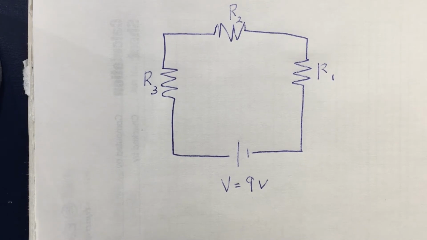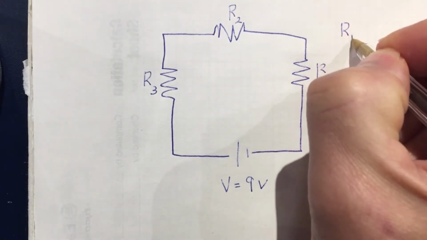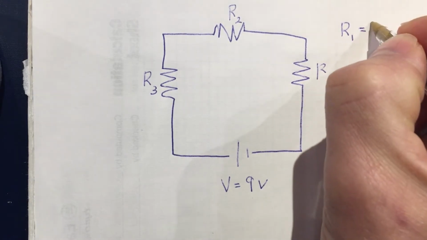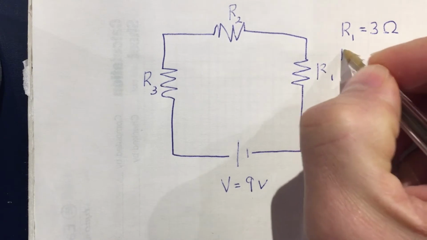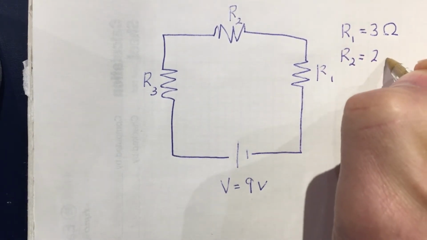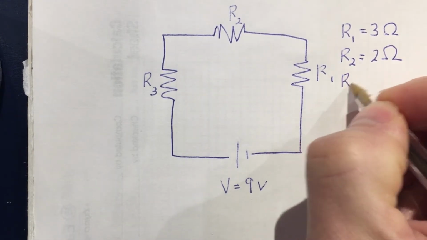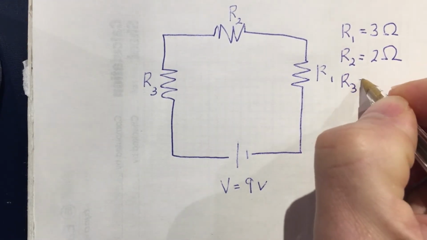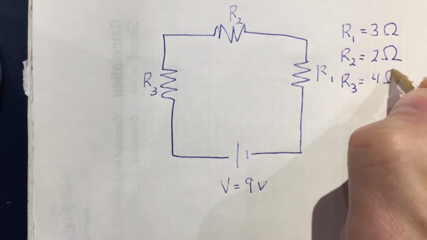So let's say, for example, that we know the resistance of each one of these resistors. Let's say that R1 is going to be 3 ohms, and R2 is going to be 2 ohms, and R3, we're going to say, is going to be 4 ohms.